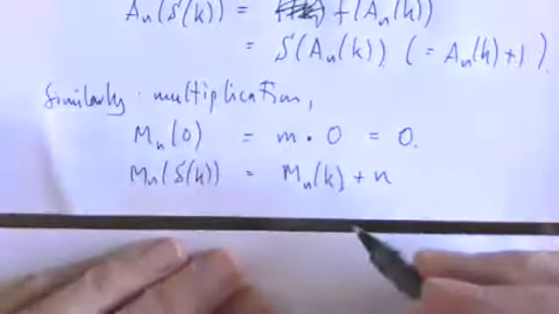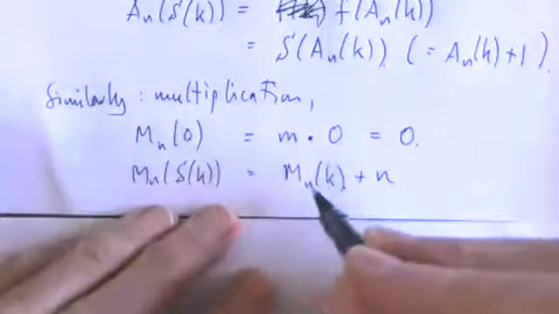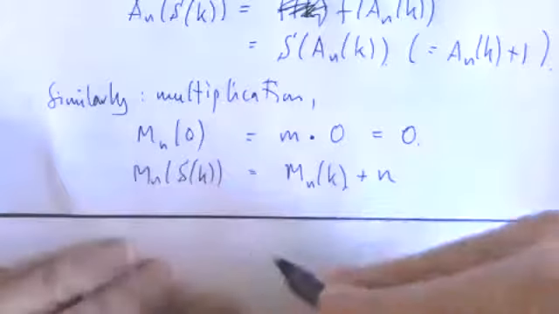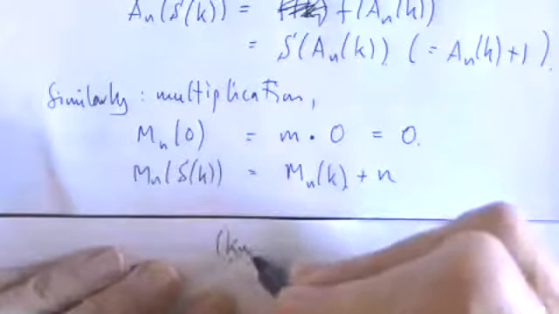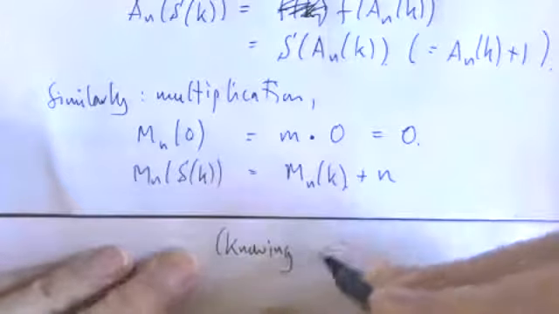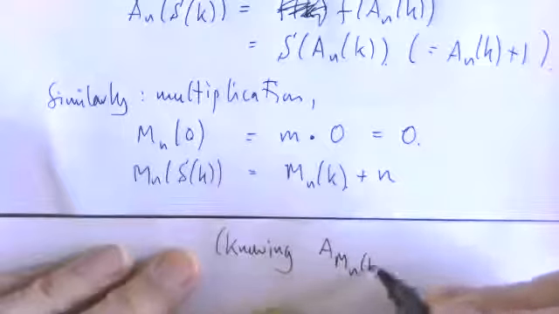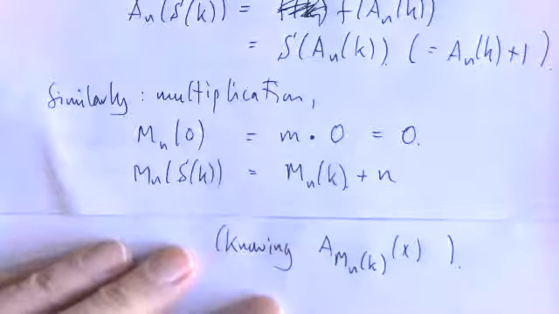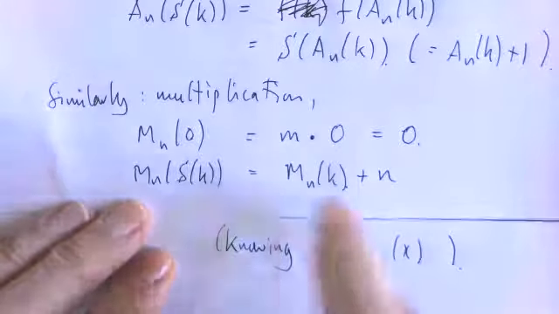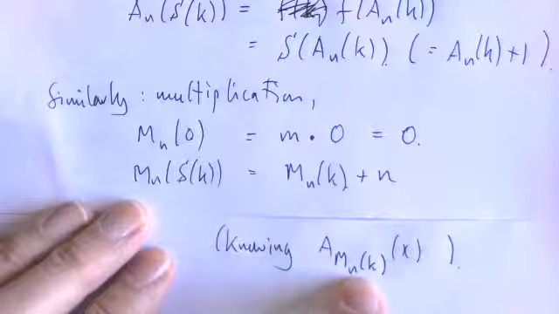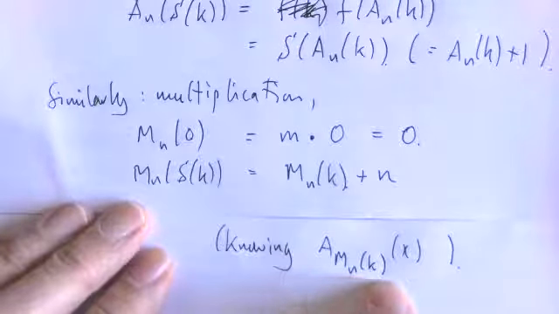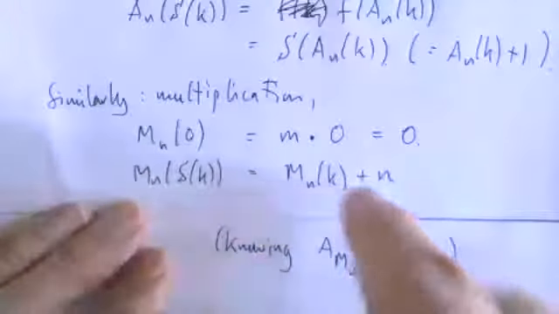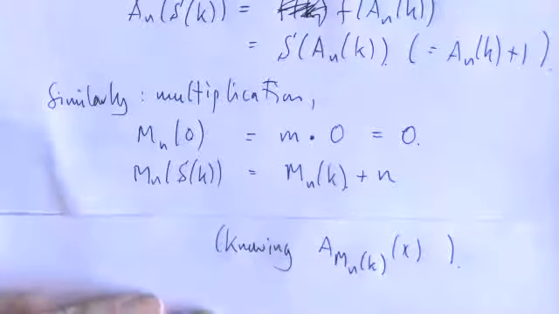The other thing I'm implicitly assuming is I know all the addition functions of this form. So I assume I've proven the properties that I need for addition, and then I can define multiplication from addition, like this.